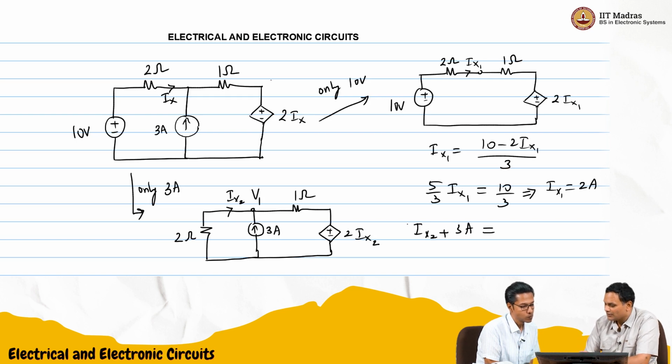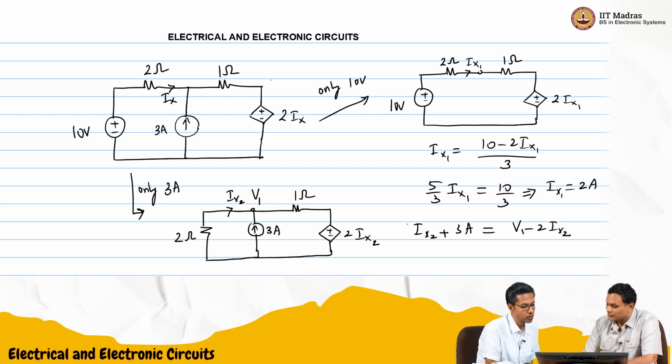And the current leaving the node is V1 minus 2 Ix2 by 1 ohm. So this is one equation. We need another equation.